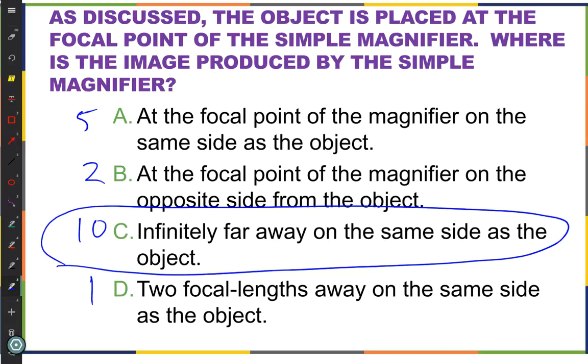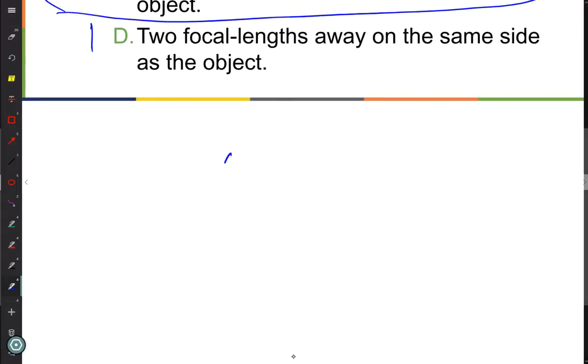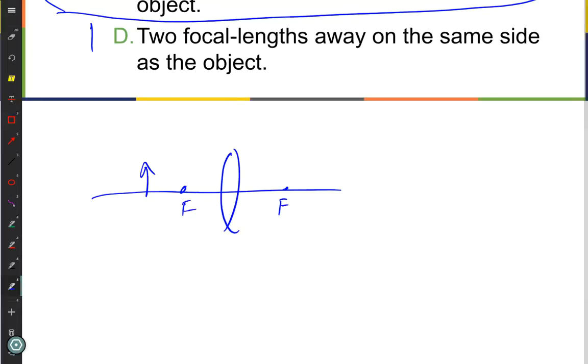Let me draw a picture. So now I'm just looking at the eyepiece, the simple magnifier. If I have the object out here, where's it going to make an image? What kind of image? It's going to make a real inverted image on the other side.